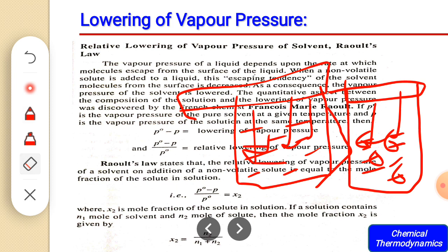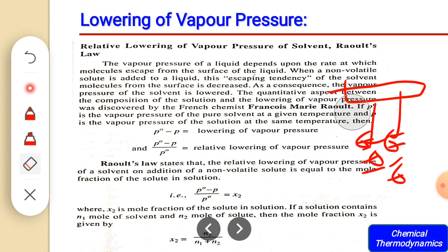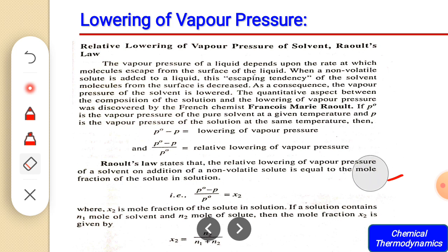So this is the simple relationship for what happens to the vapor pressure whenever a non-volatile solute is added to the pure solvent. Suppose here P0 is the vapor pressure of the pure solvent, and P is the vapor pressure of the solution.